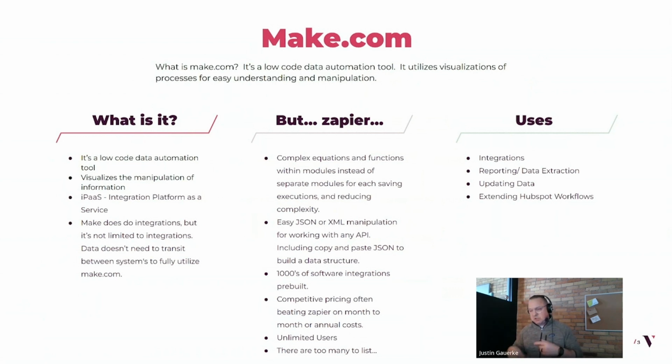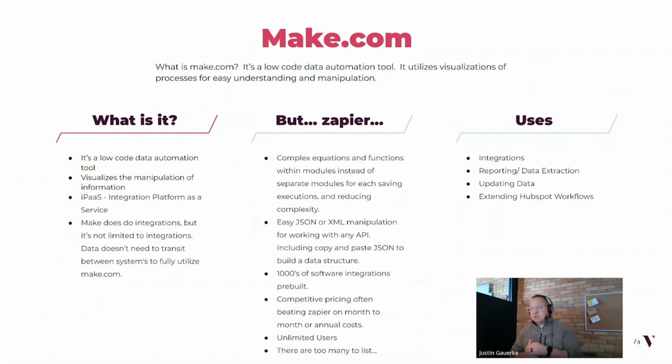All of these systems charge based on the number of processes that occur in a particular execution. With Zapier, you need to take up additional executions or processes, while with Make you can do them all wrapped up.